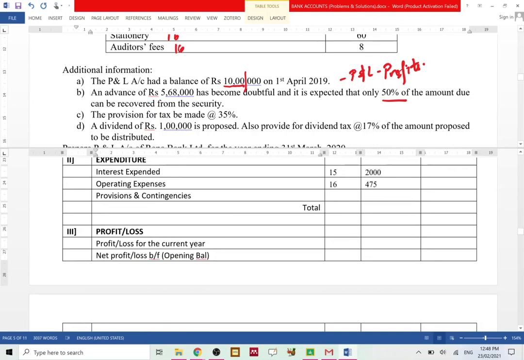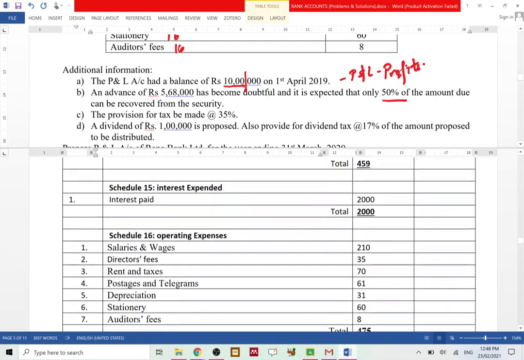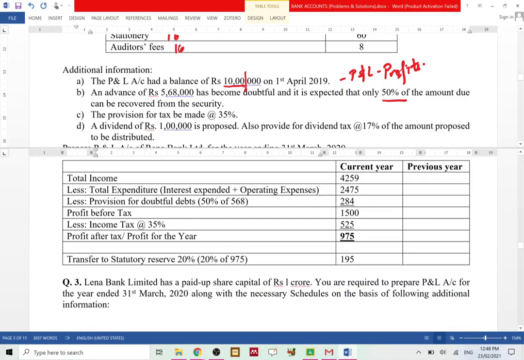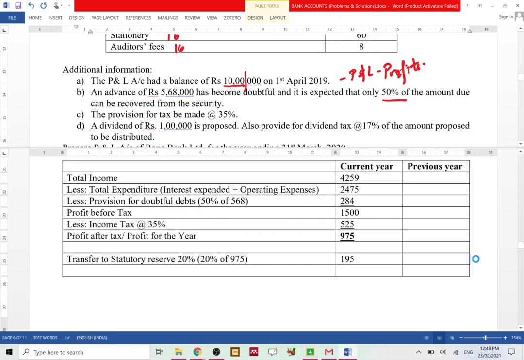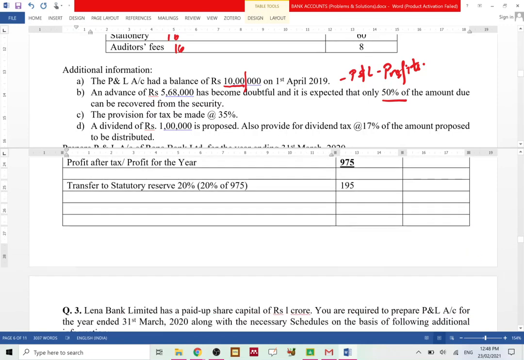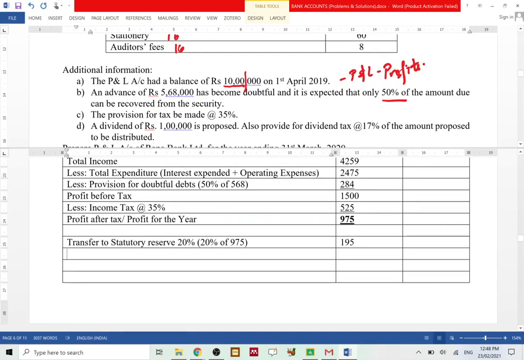Now we need to calculate how much are provisions and contingencies. So far in the working note, I'll just show you here, we have two types of provisions. One is provision for doubtful debts, the other one is provision for income tax, and we need to combine these two in order to get the total amount of provision.